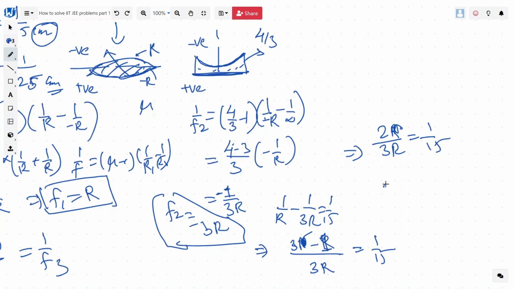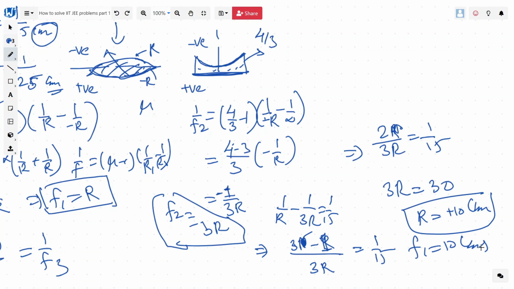So r goes on that side, 3r is equal to 30 and r is equal to 10 centimeters. And we know f1 is also going to be 10 centimeters.